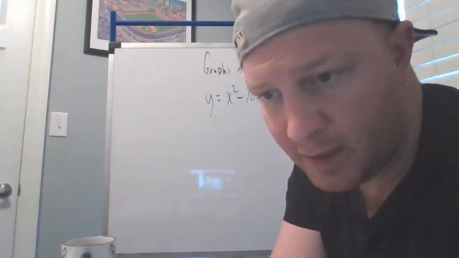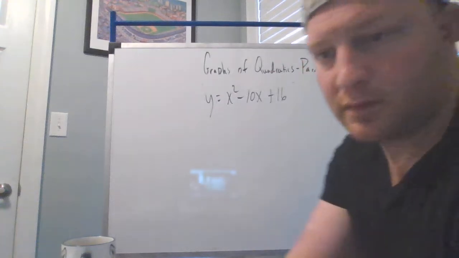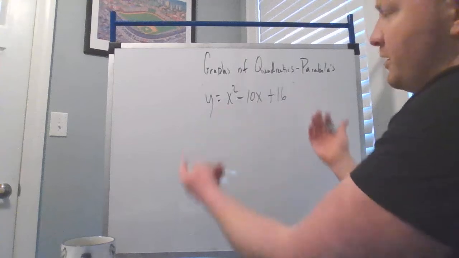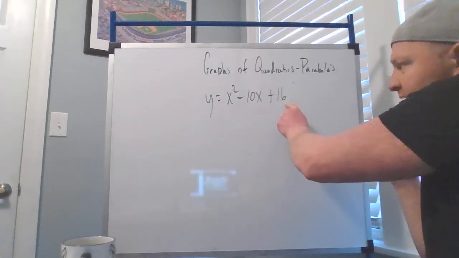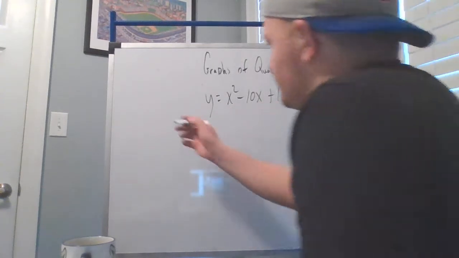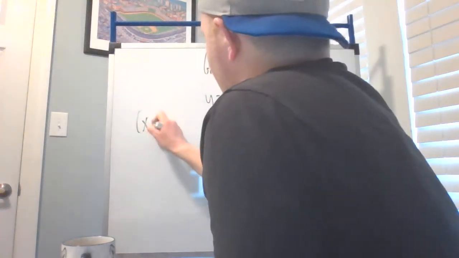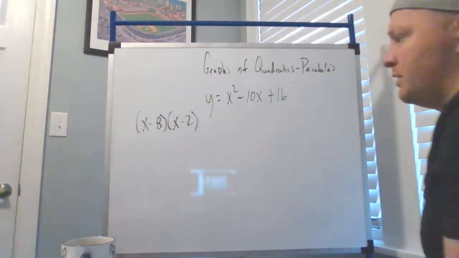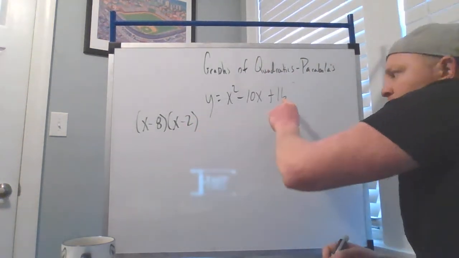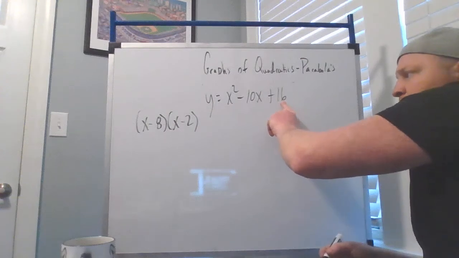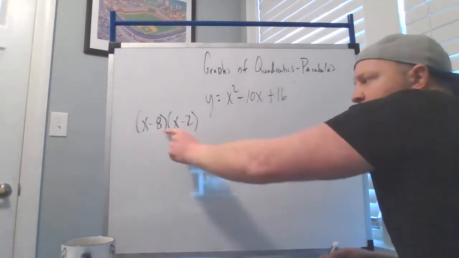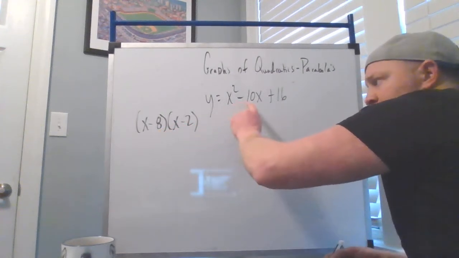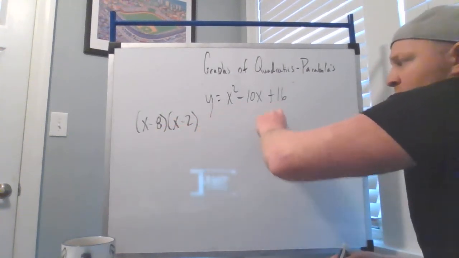Sorry, guys. First things first, before I do completing the square and find the vertex, I can quickly and easily see that this factors into x minus 8 and x minus 2, because I know what multiplies to positive 16 also adds to negative 10. x times x is x squared, negative 2x and minus 8x makes a negative 10x, and negative 8 times negative 2 is positive 16.